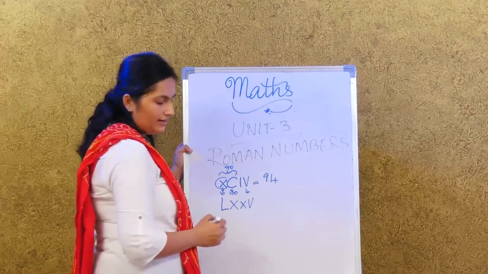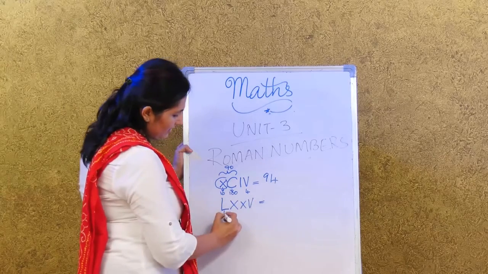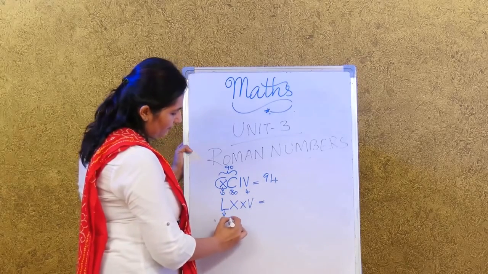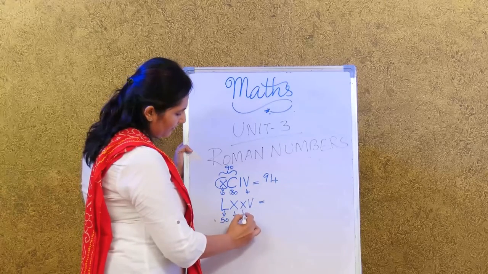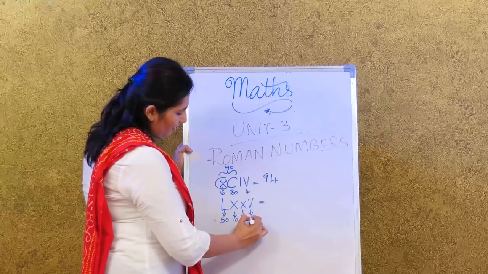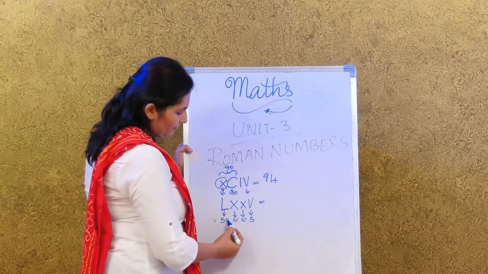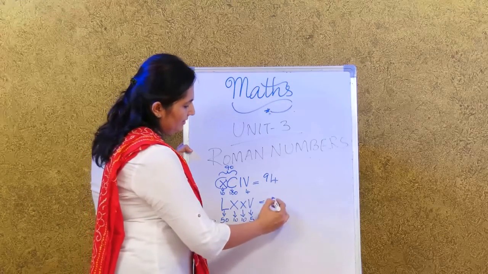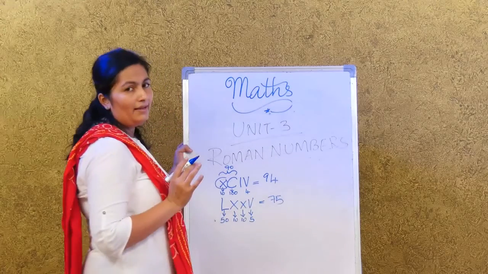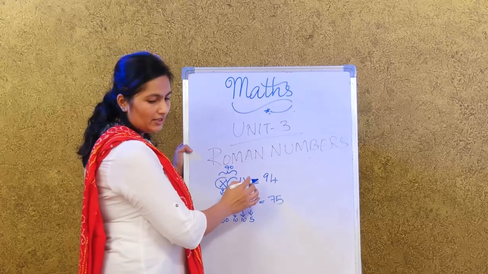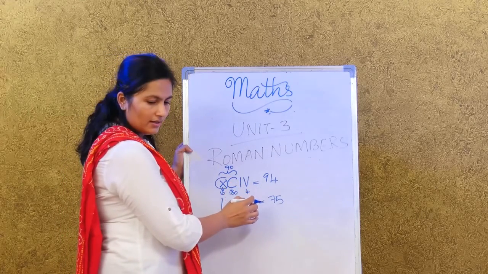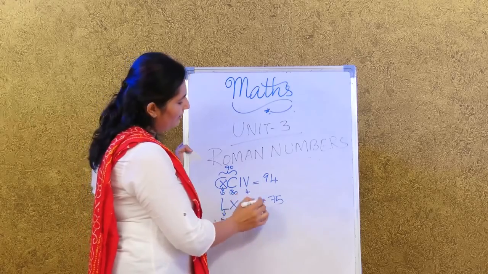And then, remember L has the value 50, 10, 10 and 5. So, 50, 60, 70 and 75. So, now we got how much Raju has and how much Rahul has, 94 and 75.